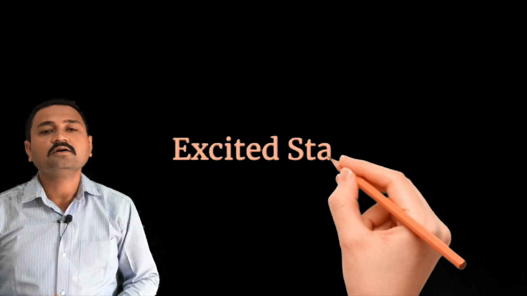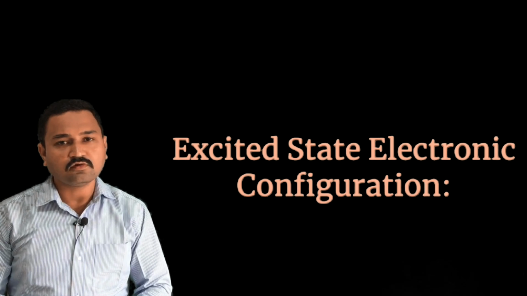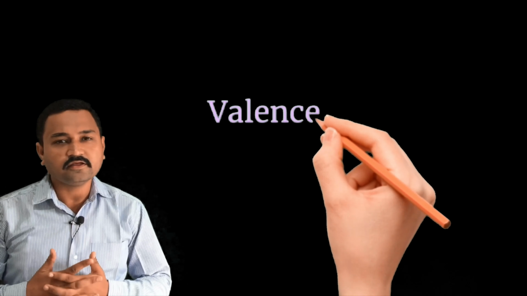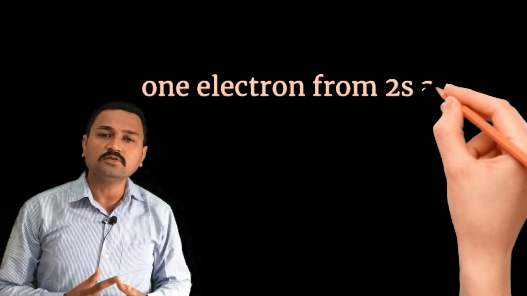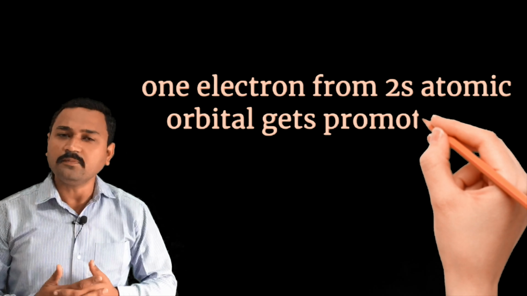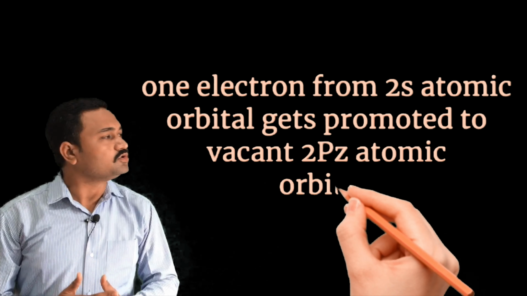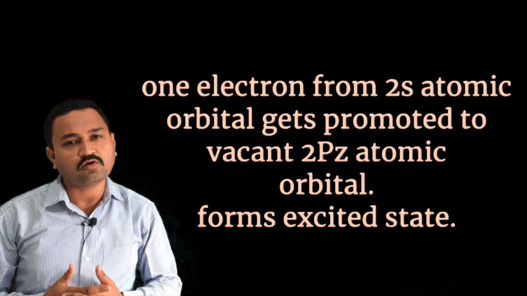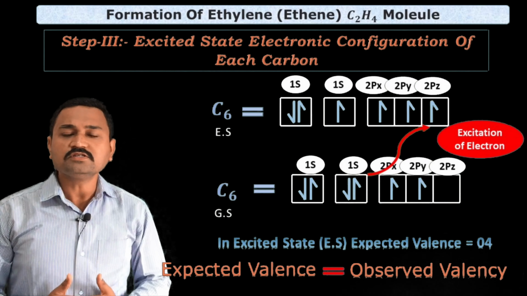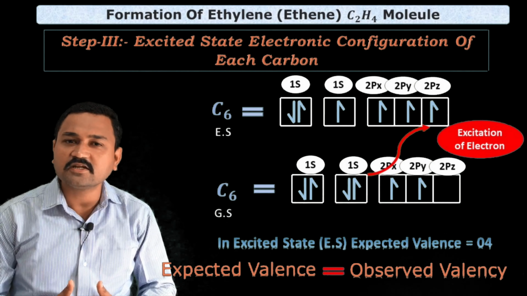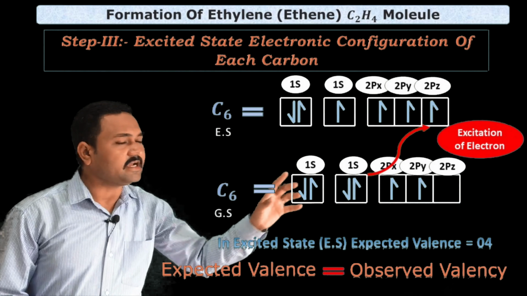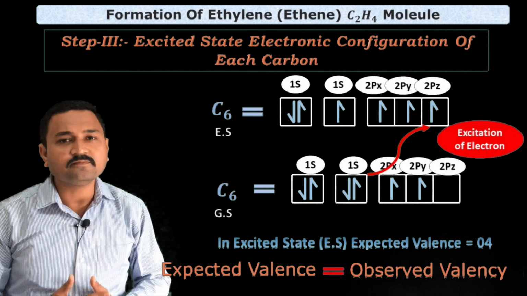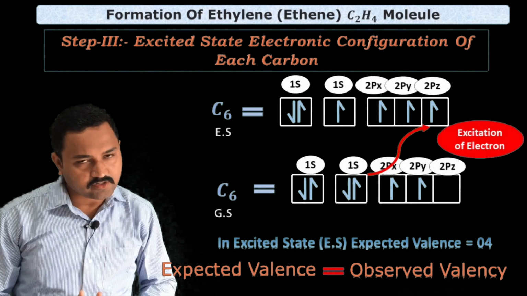Now let us consider the excited state electronic configuration of both carbon atoms. We know that in the ethylene molecule each carbon atom forms 4 bonds. So here 1 electron from the 2s atomic orbital, by absorbing energy, gets promoted to the vacant 2pz atomic orbital of the carbon atom, which leads to the formation of the excited state in both carbon atoms. Now you can observe that after the excited state, each carbon atom contains 4 unpaired electrons.